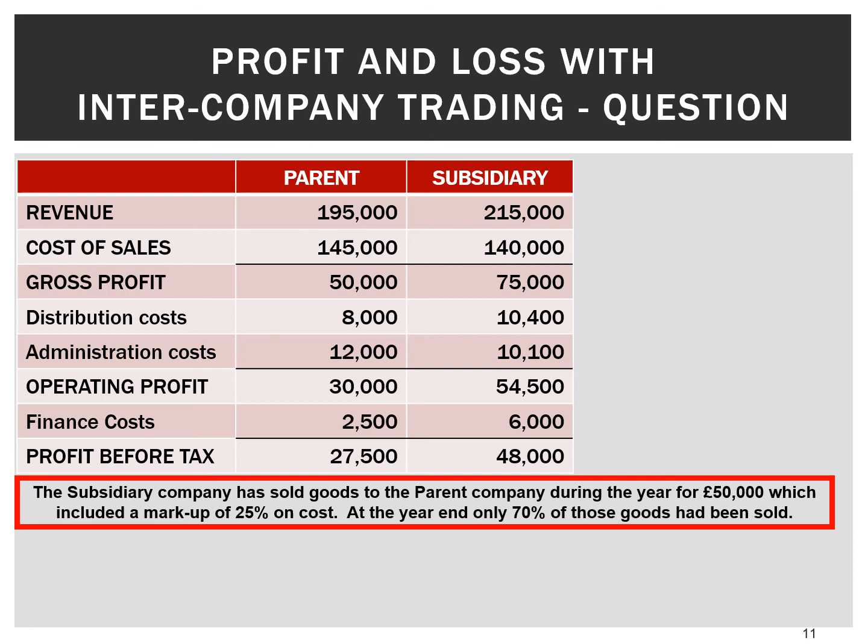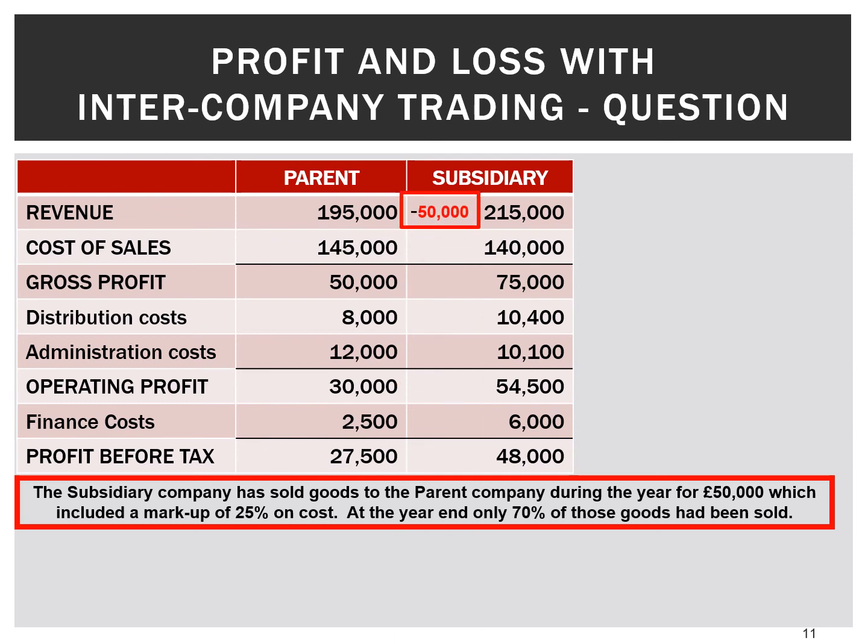So pause the presentation now, see if you can work out the adjustments and see if you can produce the consolidated profit and loss account in this particular example. So just pause the presentation until you've had a go at that profit and loss account.